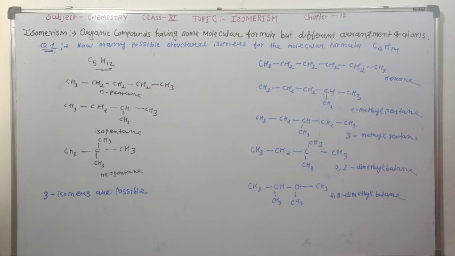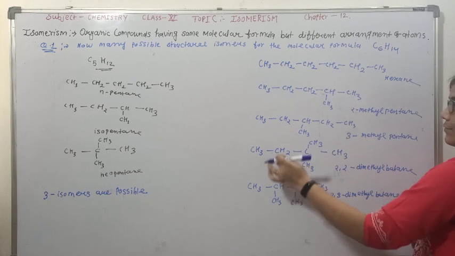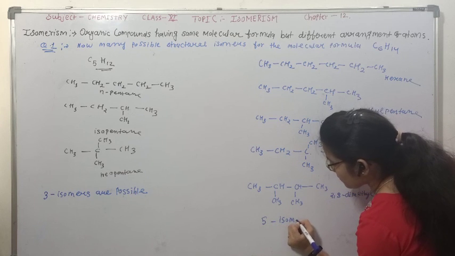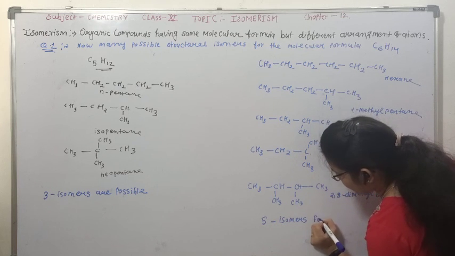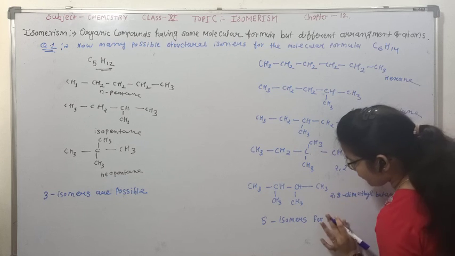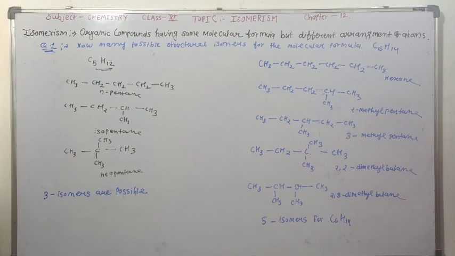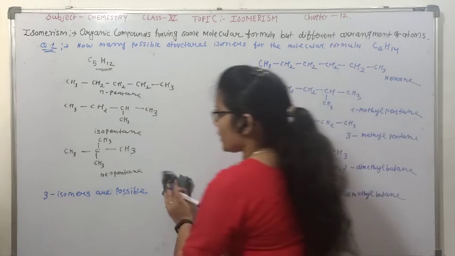Is any other structure possible? No. So we have a total of 1, 2, 3, 4, 5. We have 5 isomers for C6H14.